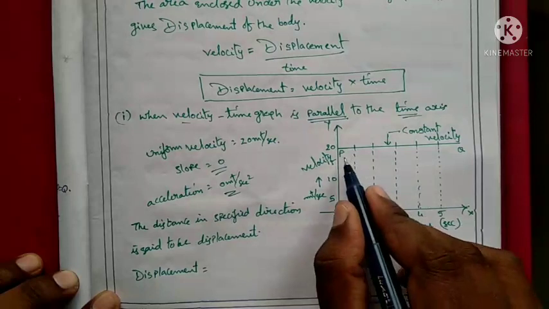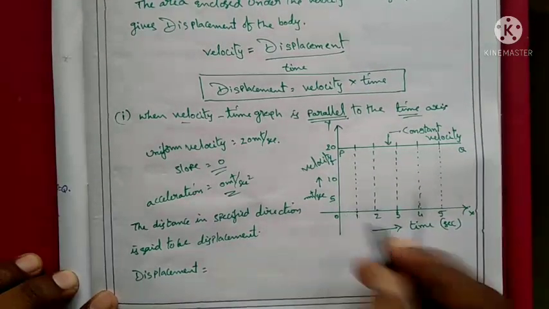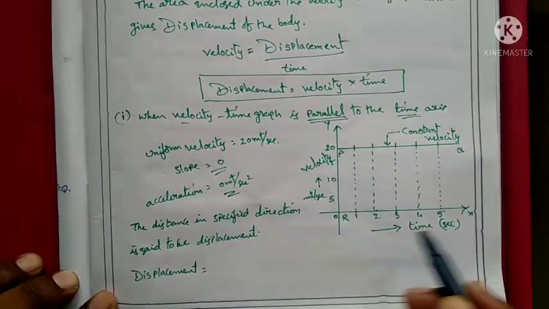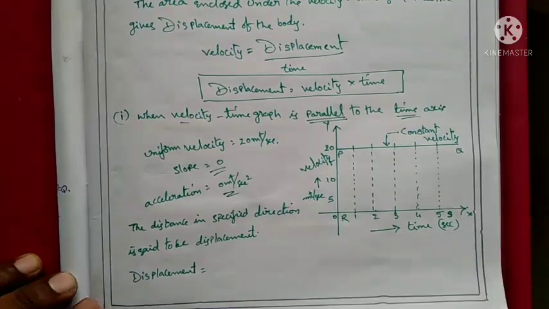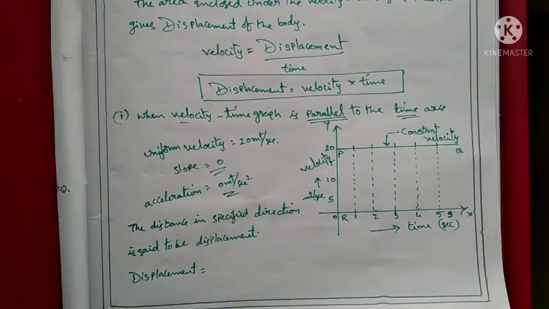If you look at P, Q, R, S, it looks like a rectangle.